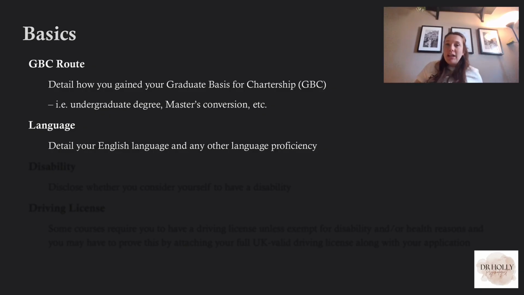Usually if you have done a degree in an English-speaking country and it was examined in English and taught in English, then usually you won't need to do any additional English language proficiency tests or prove that you can speak English properly and do it in terms of the academic and examined in it. So if you haven't done that, then you might need to.